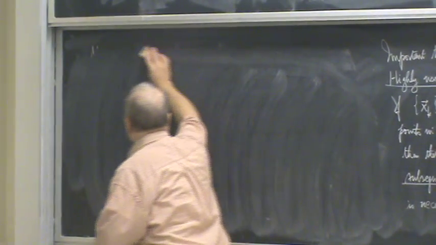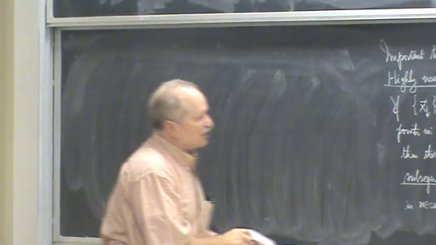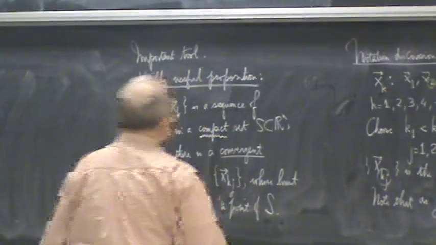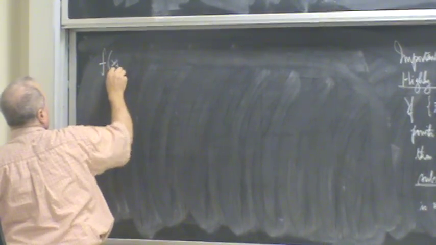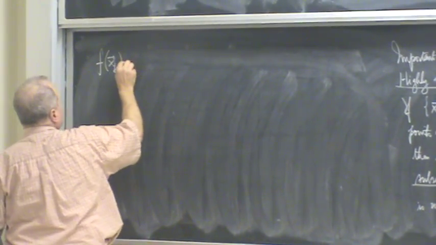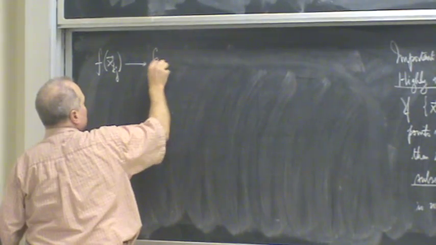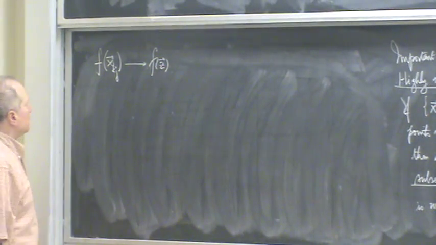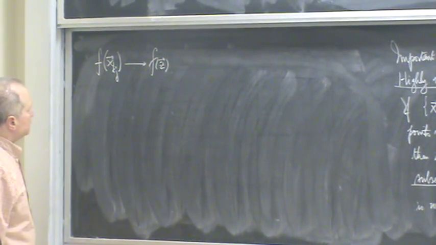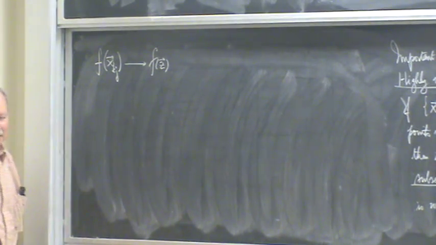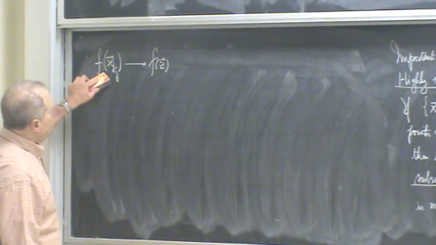Well, what's the end of the argument? Again, by continuity, what happens when I take f of these? It converges to f of z. Well, I don't know what f of z is. But what do I know about these guys?